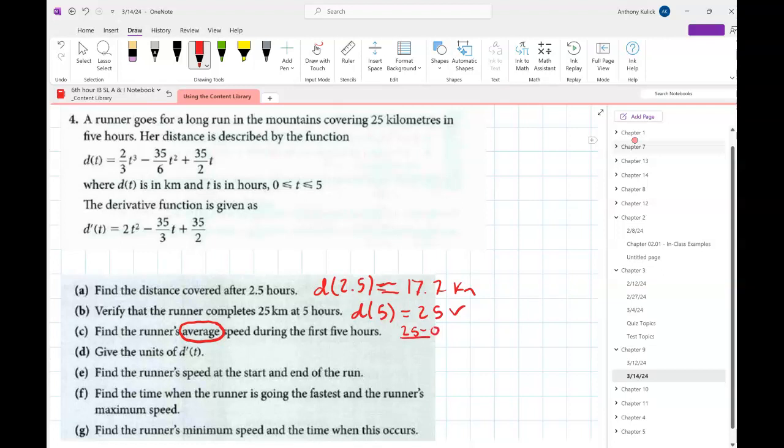The distance covered in 5 hours, 25, minus 0, over 5 hours. You get what I'm saying, right? So 5 kilometers per hour.